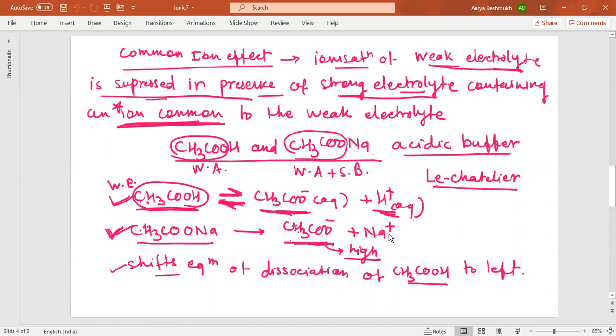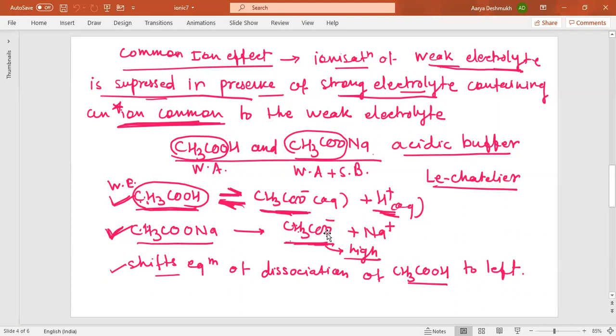Now both the acid and the salt, you can see, produce acetate ion, and since CH3COONa dissociates completely, there will be a high concentration of acetate ions here.